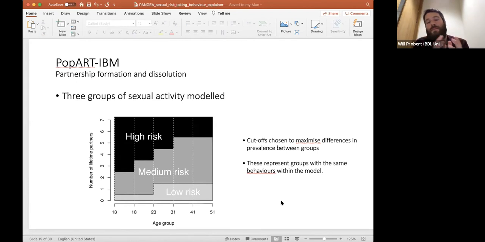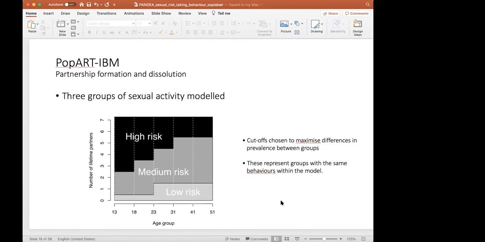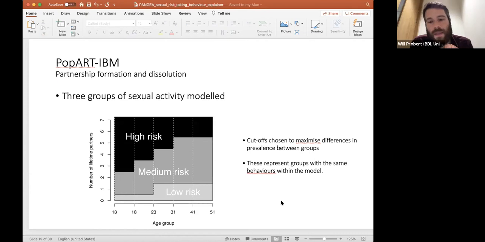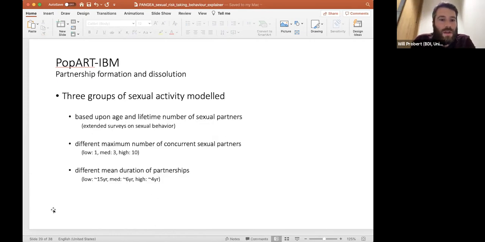And so within the model, we're representing these groups as having very similar behaviours. So, as mentioned, these 3 different groups of sexual activity were based upon age and lifetime number of partners from extended surveys on sexual behaviour. The 3 different groups differed in the maximum number of concurrent sexual partners that were allowed in the model.